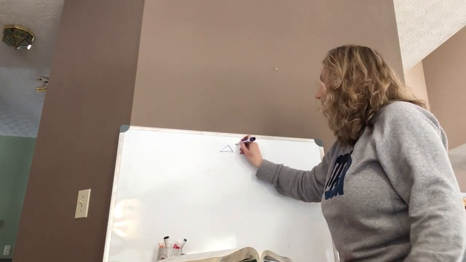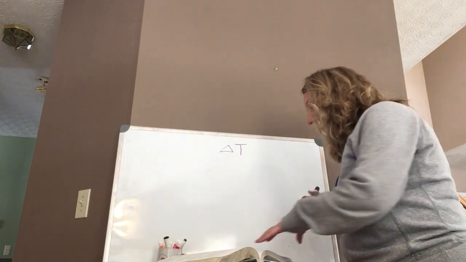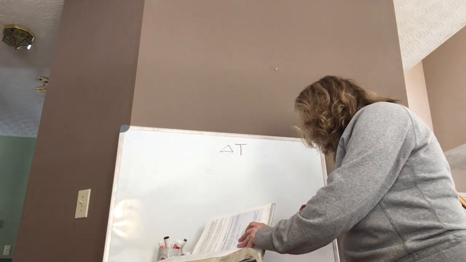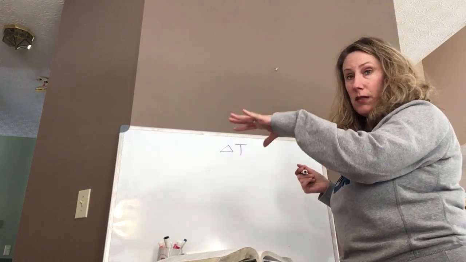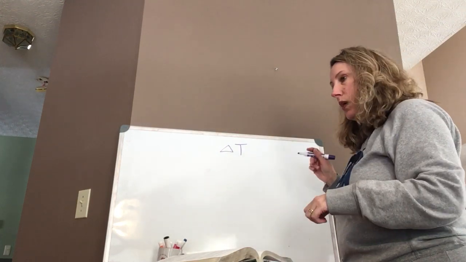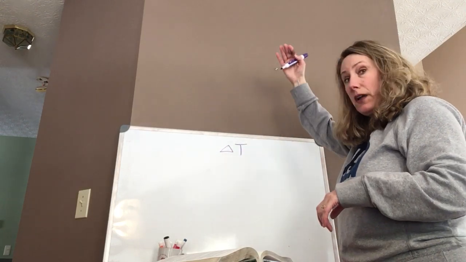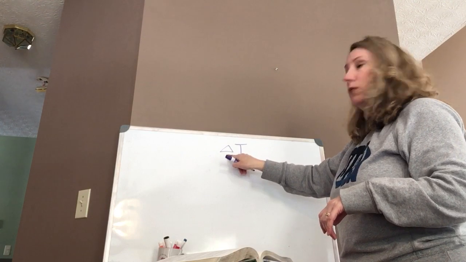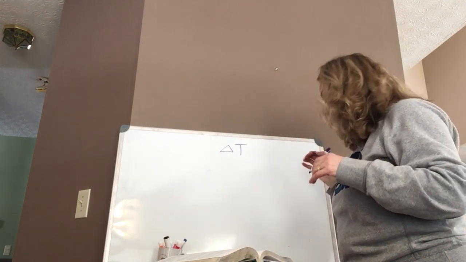So change in T means the difference in your temperature. We're going to be talking about freezing point depression, how to lower the temperature of something, or boiling point elevation, how to make your temperature higher in something. It can still be delta T both times because it's the change in the temperature.